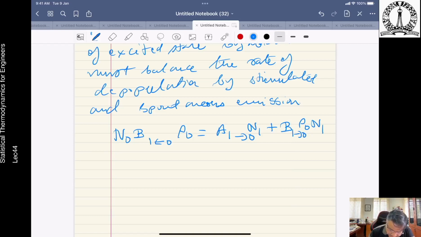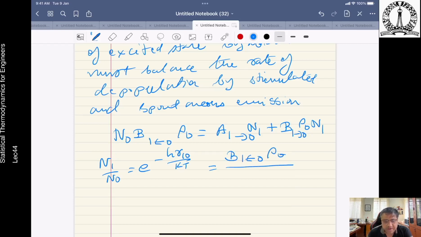So N1 by N0 is given as e to the minus h nu by kT, which is therefore equal to B 0 to 1 rho nu divided by A 1 to 0 plus B 1 to 0 rho nu. Okay, this is what it is, right?